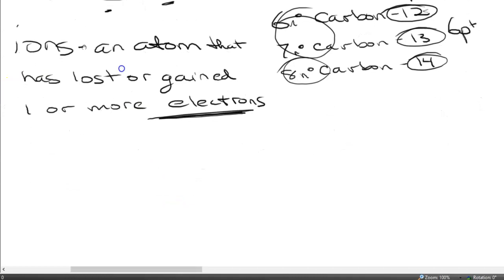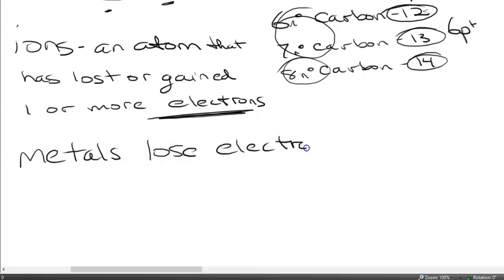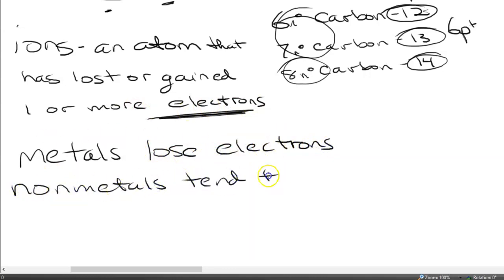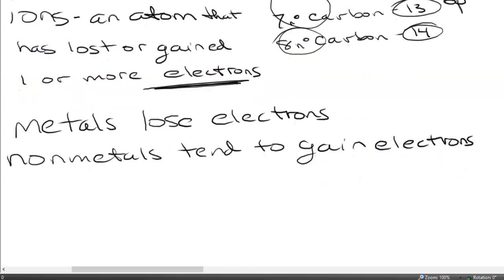So here's what happens in a nutshell. Metals tend to lose electrons, and nonmetals tend to gain electrons. Now, electrons are negatively charged, right?